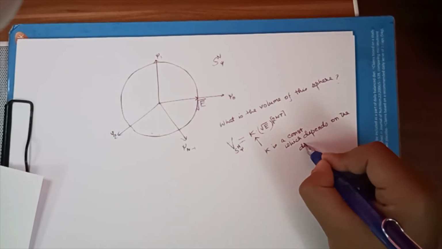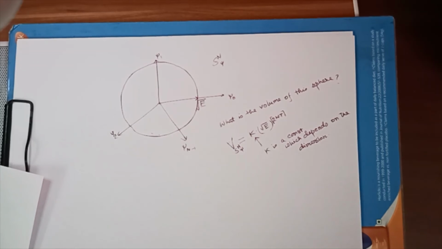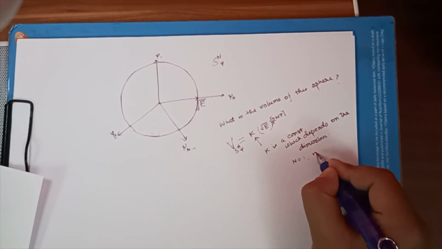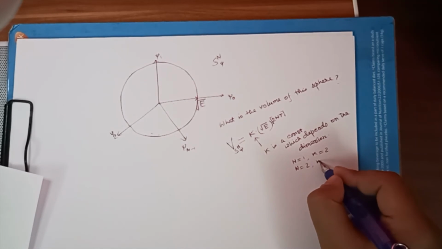We know that for dimension 1, k is 2. When dimension is 2, k is 2 pi.